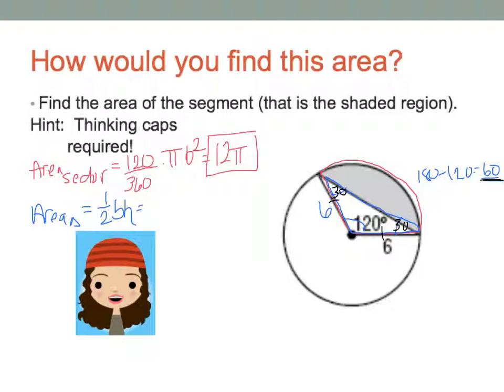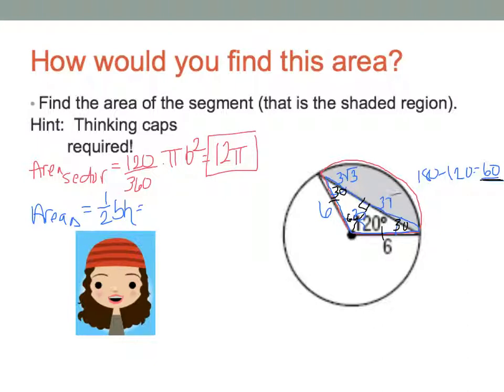Okay, last step. I'm going to get a height. Now I have a 30, 60, 90 triangle here, right? The 30, 60, 90 triangle with a hypotenuse of 6. That means that the short leg will be 3, which means that the long leg will be 3 root 3. Now I need to find the area of this entire triangle, 1/2 base times height. Now the base is not 3 root 3.